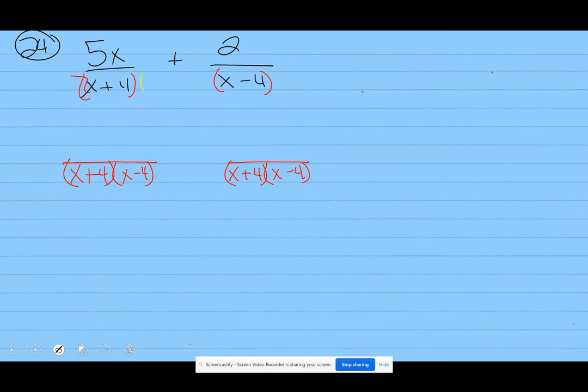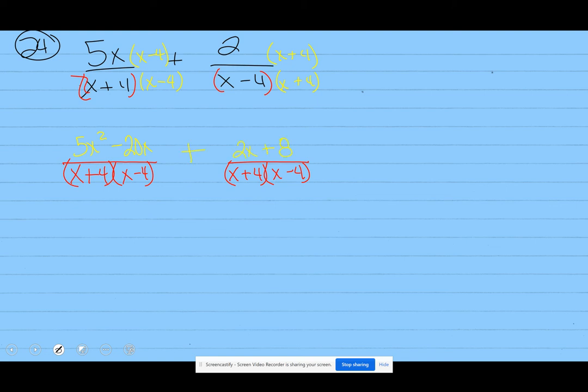So our first one would need an x minus 4, on top and bottom. The second one needs an x plus 4, again on top and bottom. The top, when I multiply 5x times x minus 4, I'm going to get a 5x squared minus 20x. And on the second fraction, when I multiply the 2 times the x plus 4, I'm going to get a 2x plus 8.